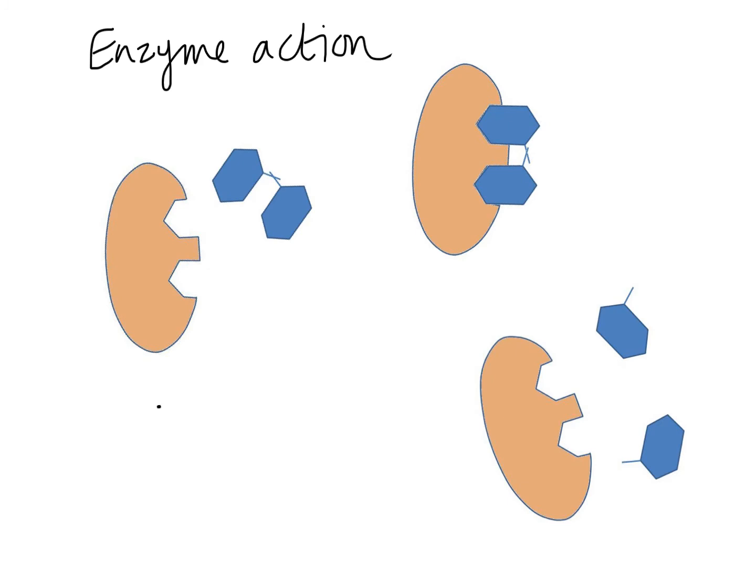Let's have a quick look at how enzymes actually work. Now, as I've already said, enzymes have a specific shape in which it's got notches like this, which also have a certain shape. Now they work on other molecules to break them down. So in this case, we are looking at how digestion happens.